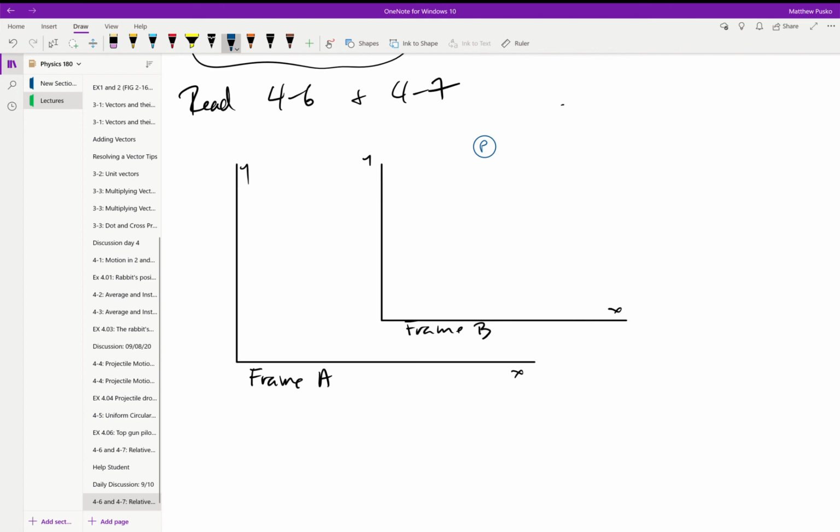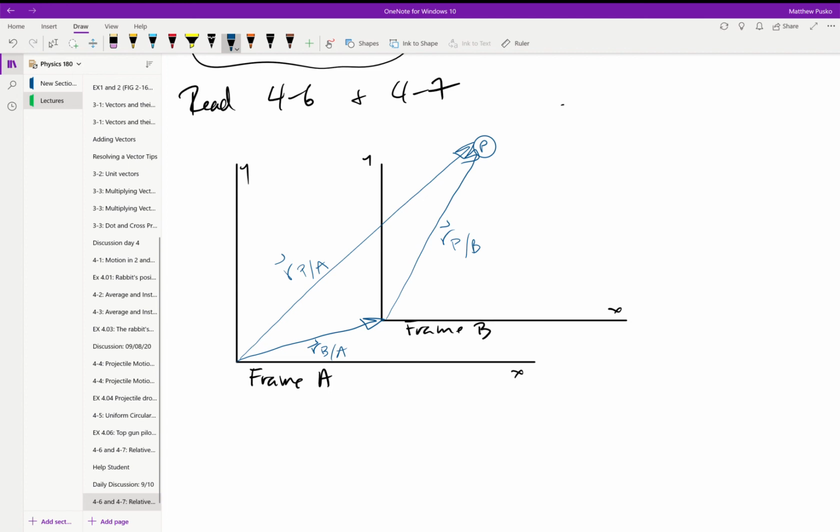But what we want to know is how can we locate it, how can we find its velocities and relate its accelerations. So let's start with position. Notice we can go ahead and draw a vector locating B from A. So that's a position vector R of B with respect to A. I can also go from either one of these and say that this would be the position vector of point P with respect to A, and this would be the position vector of point P with respect to B.